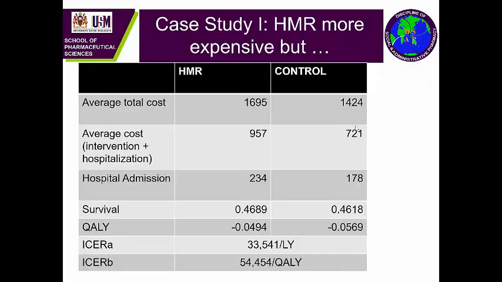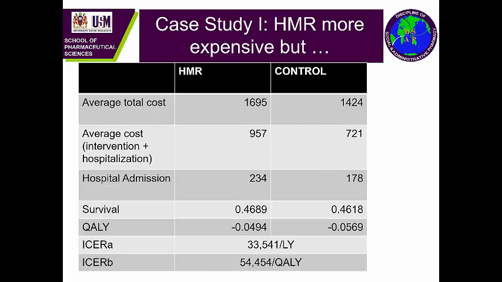What they observed in this 6-month study is that the average cost in the group that received the home-based medication review is more expensive compared to the control: £1,695 per patient, compared to the control, which is £1,424 per patient. This is actually expected because you have extra resources being involved to provide that intervention.